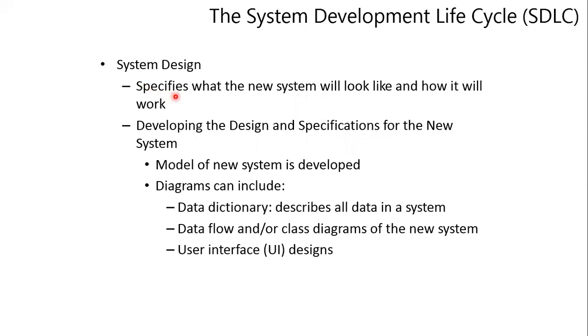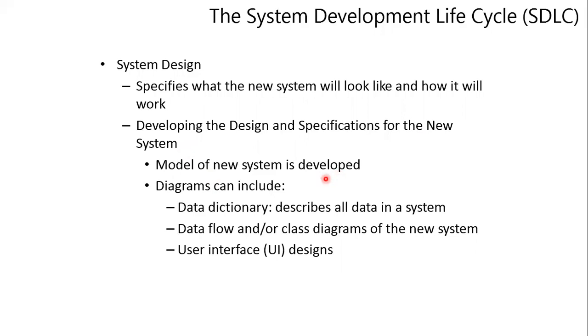Now it specifies what the new system will look like and how it will work, so that it will fulfill the demand of the end users who are going to work on this system. Developing the design and specification for the new system. A model of the new system is developed.